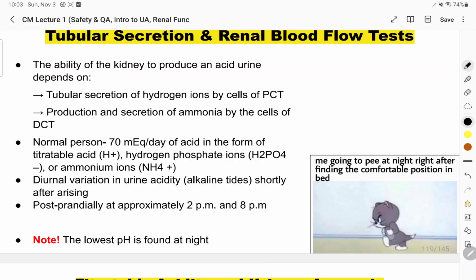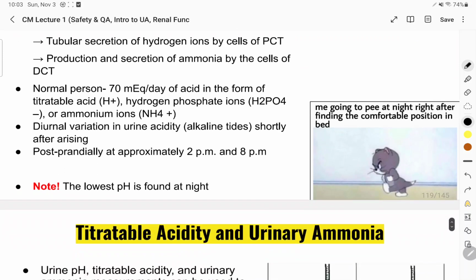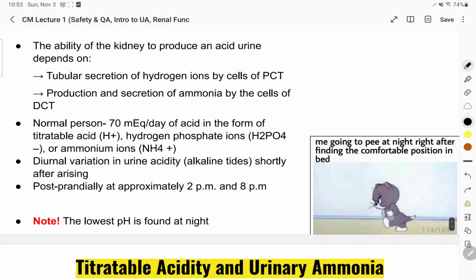And also postprandially, and at approximately 2 p.m. and 8 p.m., there are also alkaline tides. Postprandial meaning after eating. Especially if you eat vegetables, healthy living, your urine becomes alkaline. And the lowest pH is found at night. Grabe ka acidic yung mga pH.